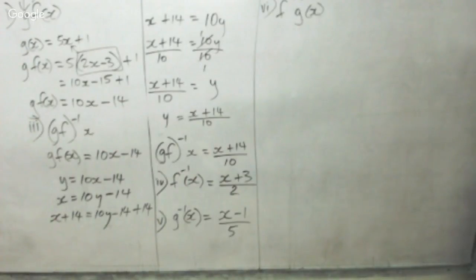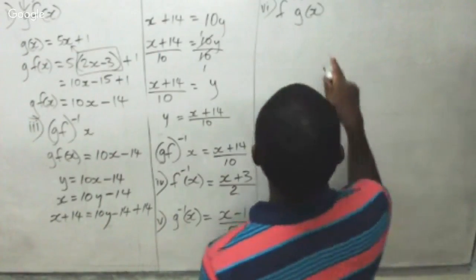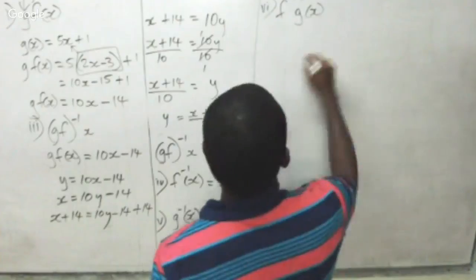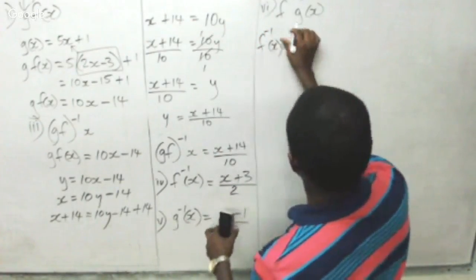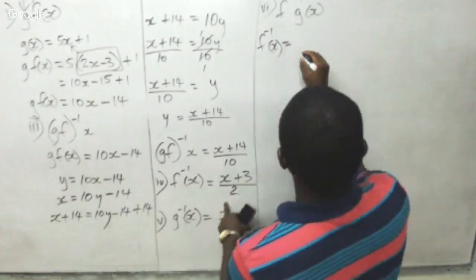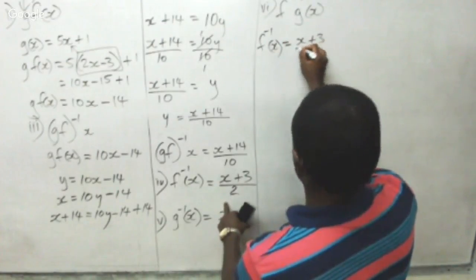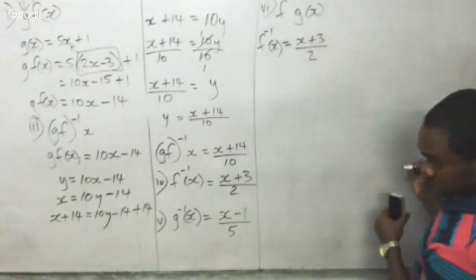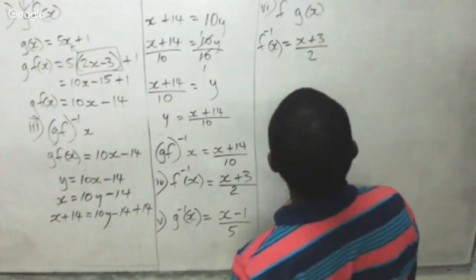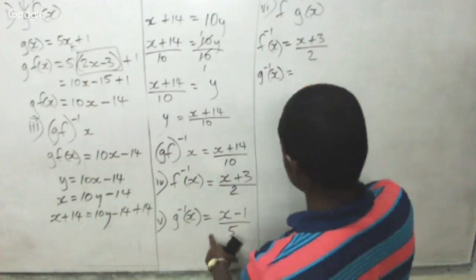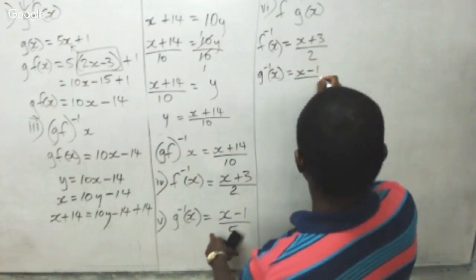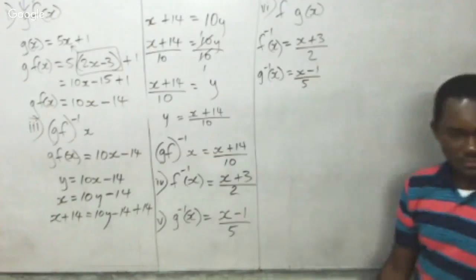Can we continue? All right, so we know that F inverse of x is equal to x plus 3 over 2, and G inverse is this.